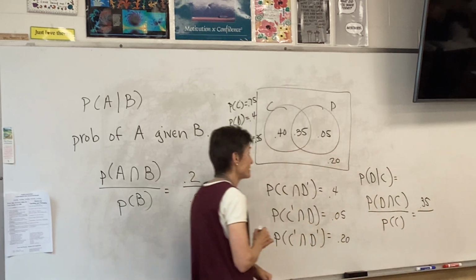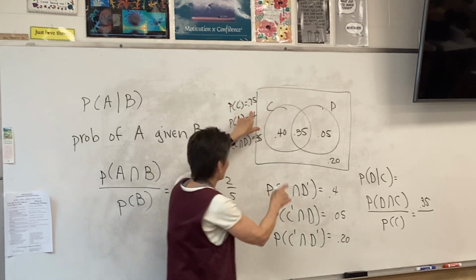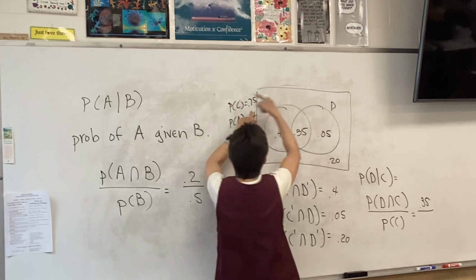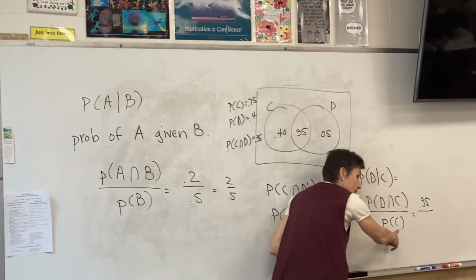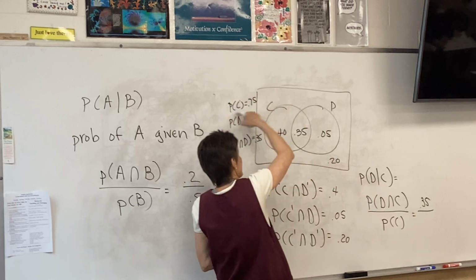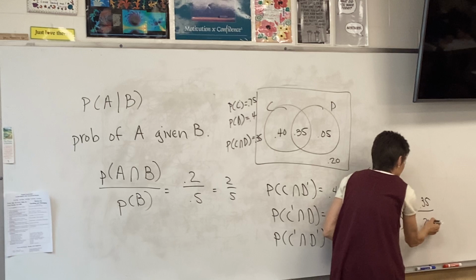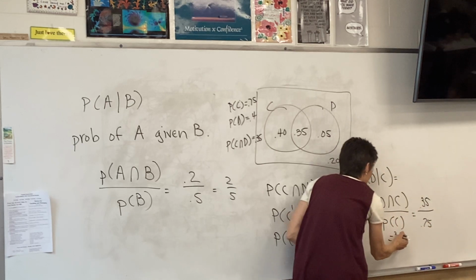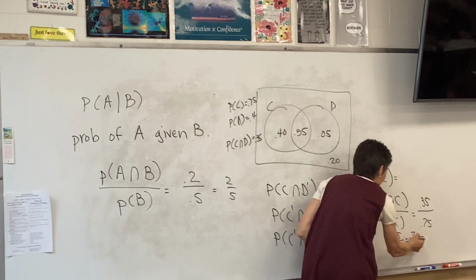What is just C? No, I mean the probability of C, the whole probability of C. This is the whole C. So the whole C is 0.75. That reduces to something, I'm sure, 7/15.